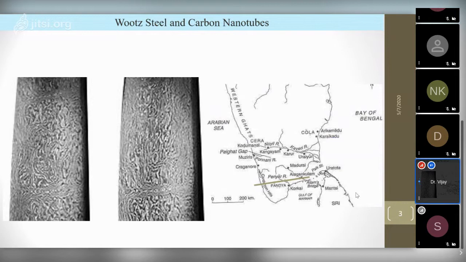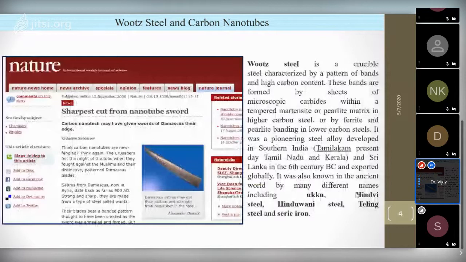Only this type of wootz steel has a special kind of carbon nanotubes, found when they dissolved the steel structure to find the internal particles or tubes. Finally they concluded, even in a Nature publication, where it came as a news story: the carbon nanotube may have given swords of Damascus their edge.